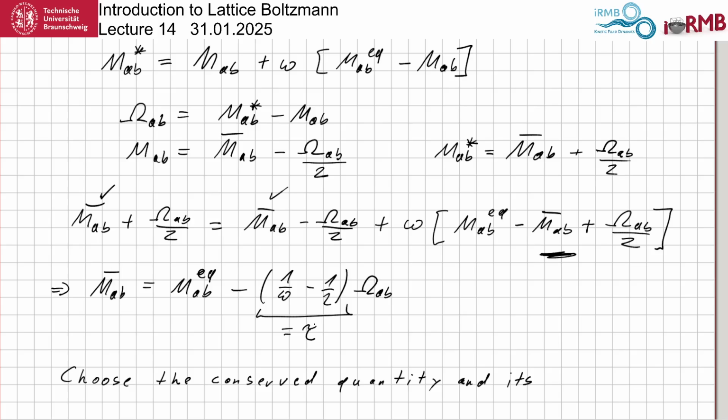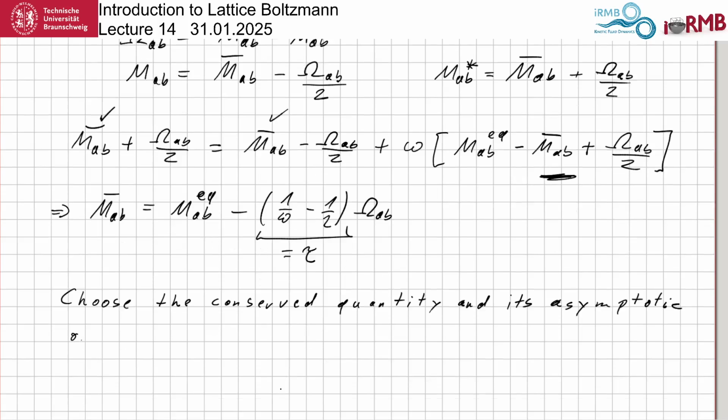You cannot do whatever you want, but there are many possibilities to do it in different ways. We have to choose which moment we regard as our conserved quantity, and we also have to choose the asymptotic order of this thing. And we often get asked, so what is the right way to do it?